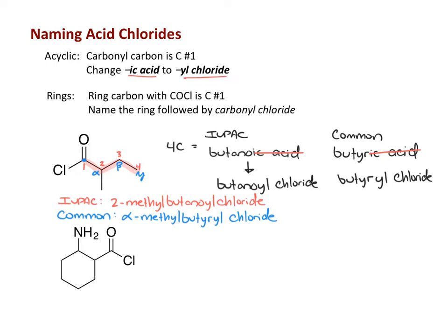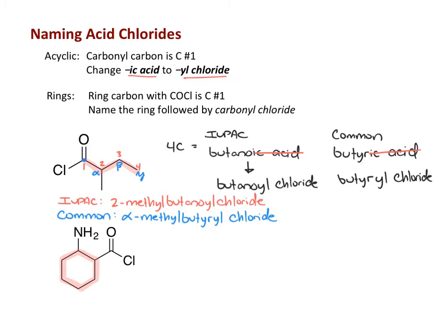Okay, now if we have a ring, the ring is basically our parent, and the carbon of the acid chloride isn't counted, or isn't part of the parent. So we have to do this a little differently.